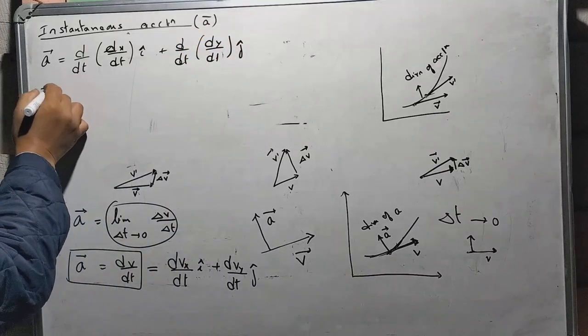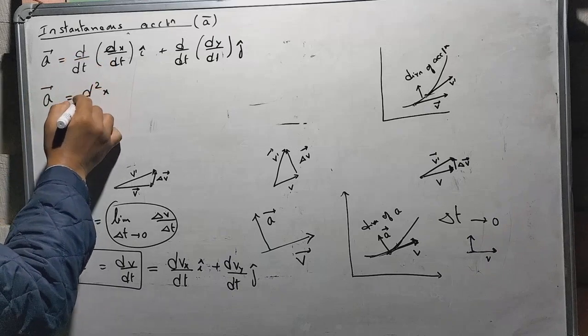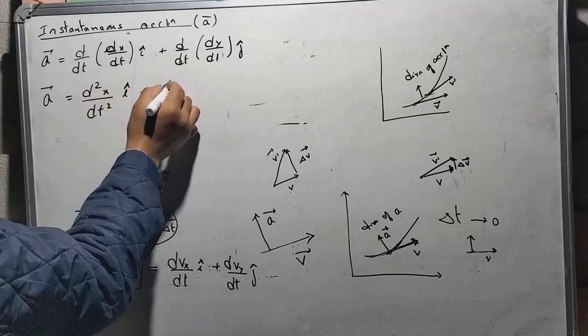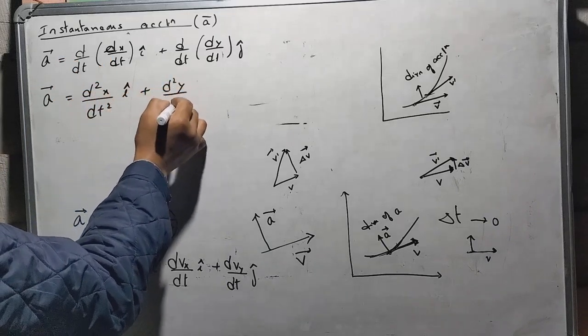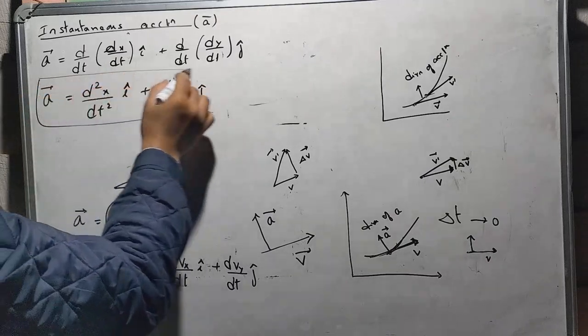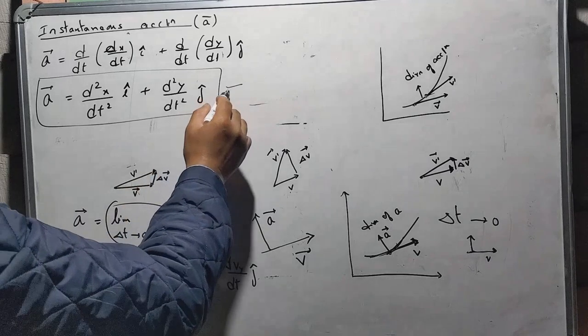Or a is equal to d2x upon dt2 i cap plus d2y upon dt2 j cap. So this is also another way of expressing the instantaneous acceleration, either this or this.